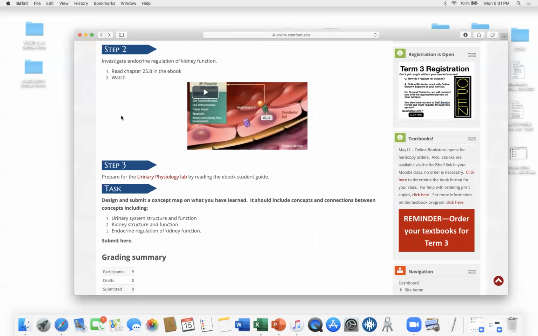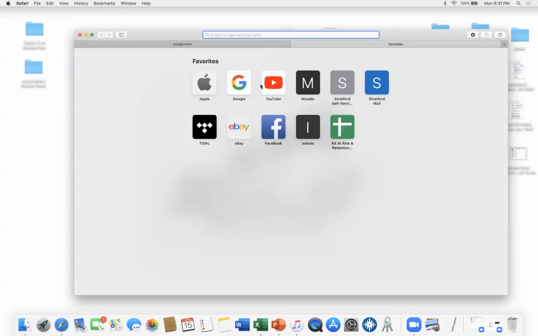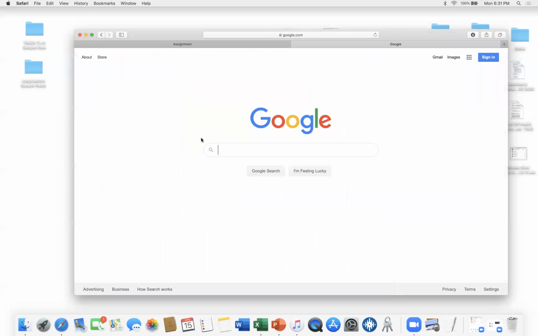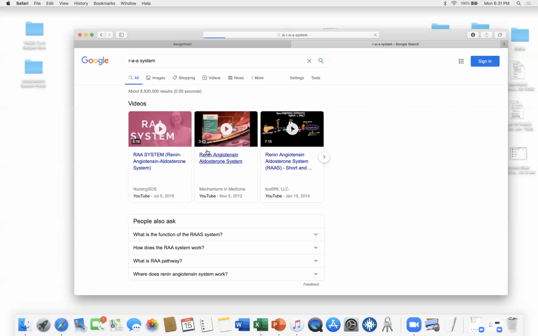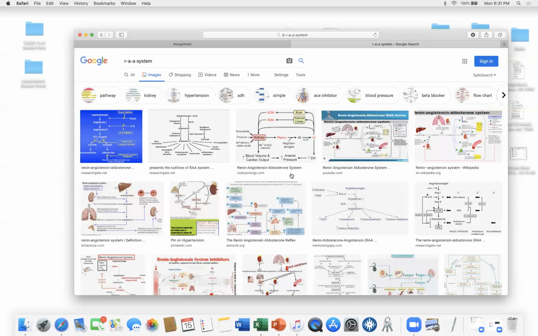So urinary system structure, kidney, endocrine. Now, let's talk about the endocrine regulation of the kidney function. Now, all well and good, this video, which I kind of don't like, but let's look at this diagram, which is the RAA system. And you can see there's a nice video, but I'm going to show you how your endocrine system and your urinary system relate.